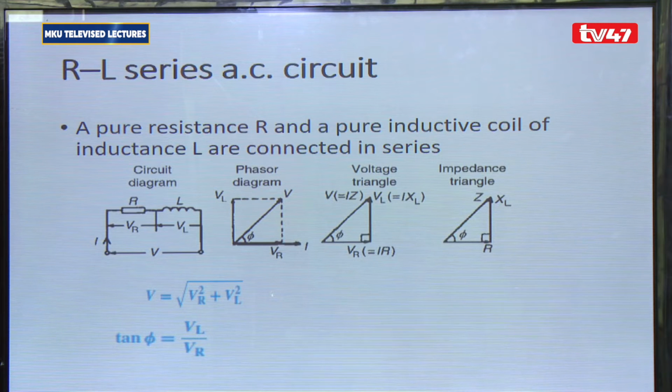So if we start from that point, that our V is given by the square root of VR squared plus VL squared, then this we can rewrite it just like we have seen.